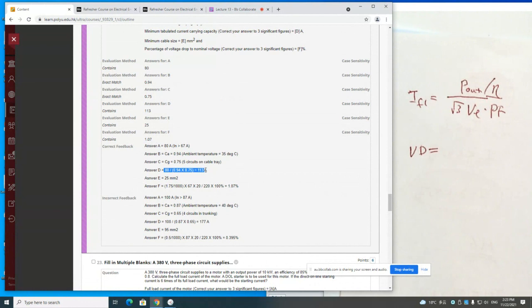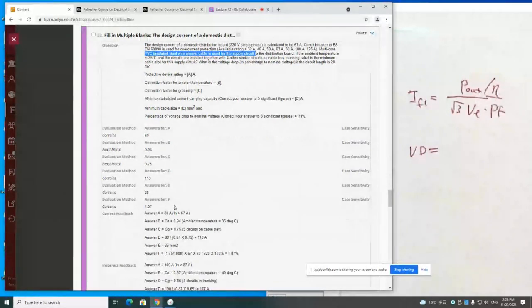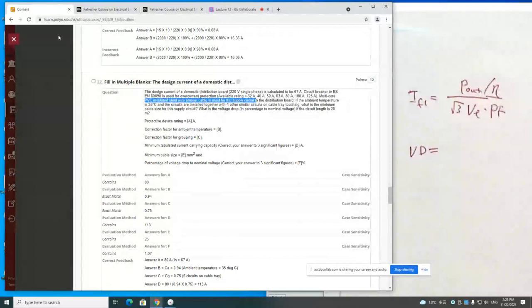Based on this is the minimum current carrying capacity, 113 amperes, and then the cables here. Let's see, the multi-core PVC cable, armored cable. So you have to use the data sheet. Let me find the data sheet.